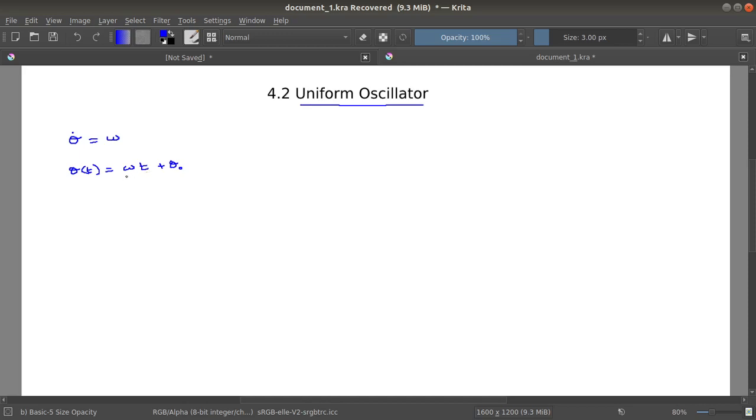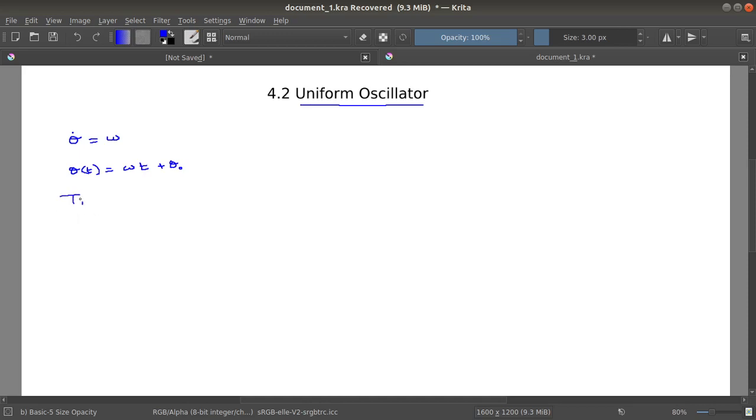It's an oscillatory function because after some time it will come back to its same position, because it's a flow on the circle.